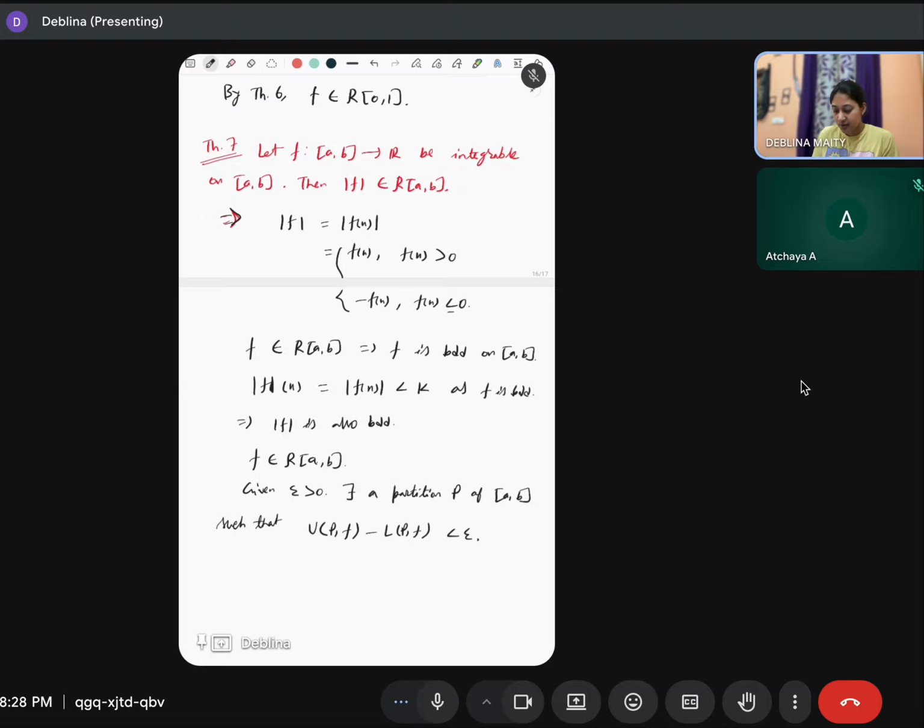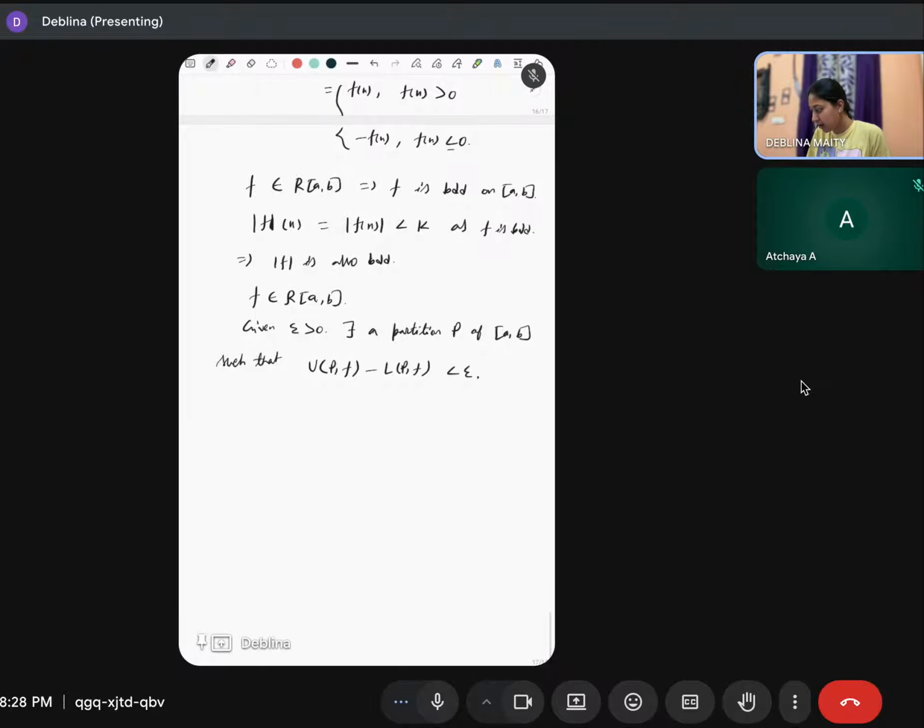Right. So since f is Riemann integrable, by the condition given epsilon greater than 0, there exists a partition P such that this inequality occurs for this partition. Right. Now we are taking P to be this partition. Right.